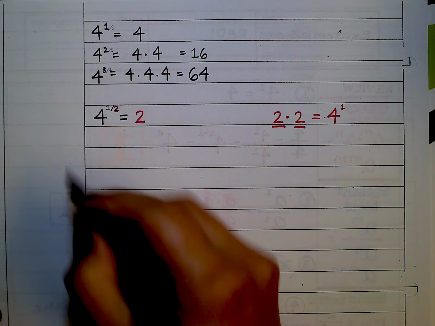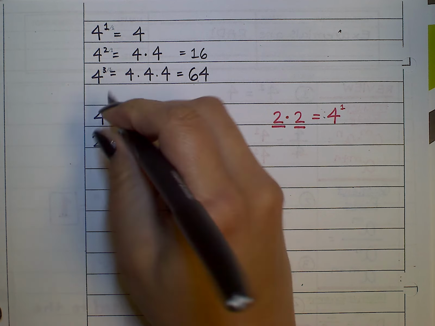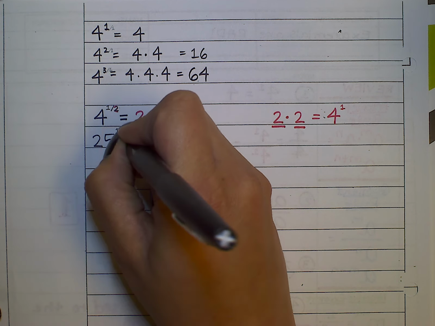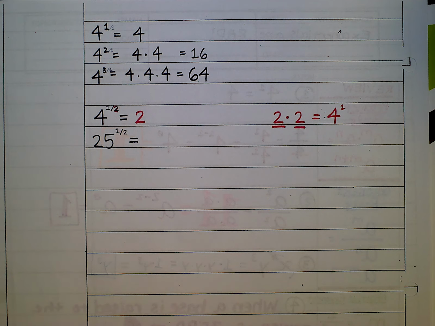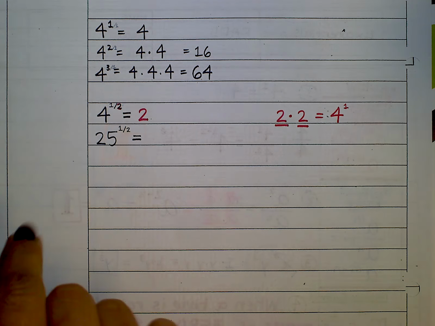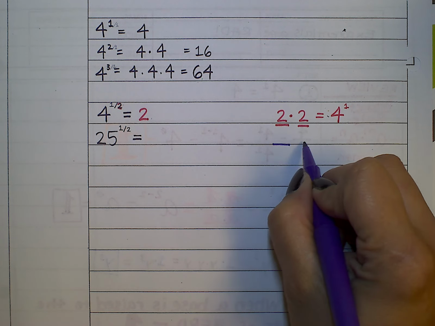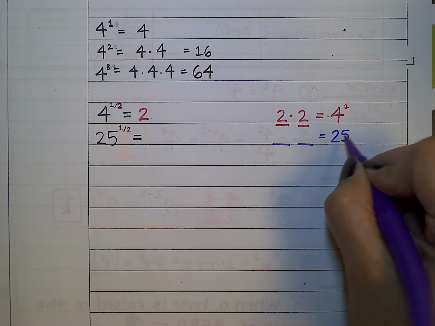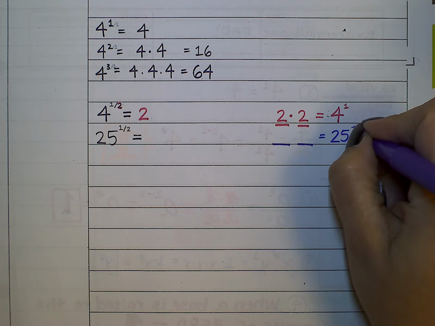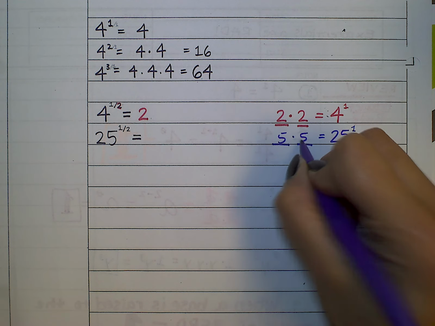Well, what if I asked for 25 to the power of 1/2? Well, again, I have this 2 here, so that would lead me to believe that I need something times something equals 25 to the first power. Oh, well, that would be 5 times 5.